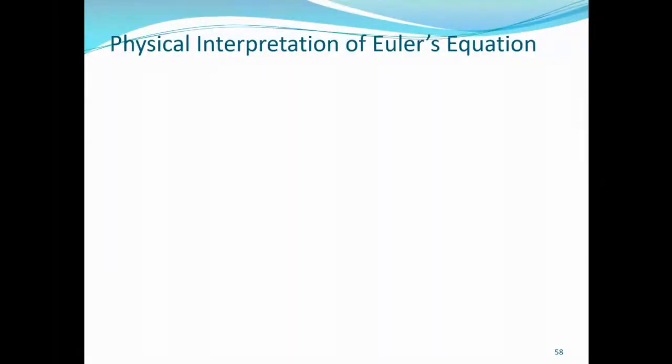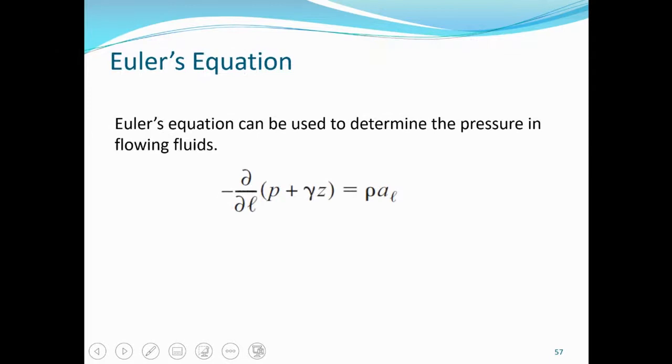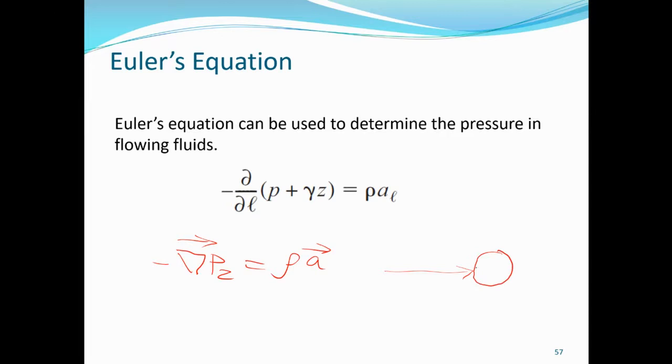Euler's equation. This is what we have started discussing. It explains Newton's second law, okay? And we have the pressure gradient, minus gradient of pressure is equal to rho a. So here we're explaining when you have a straight streamline, a stagnation streamline approaching a solid object, it slows down.